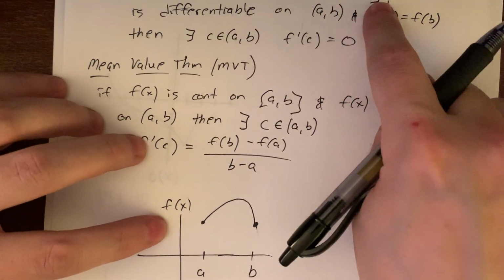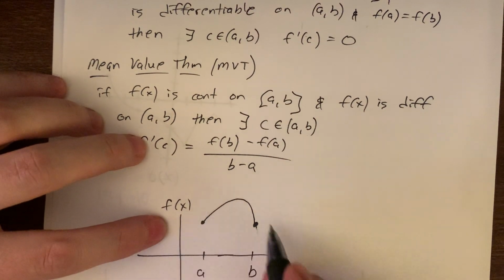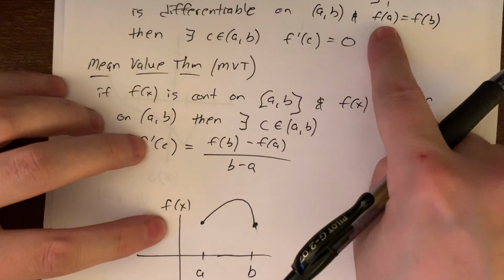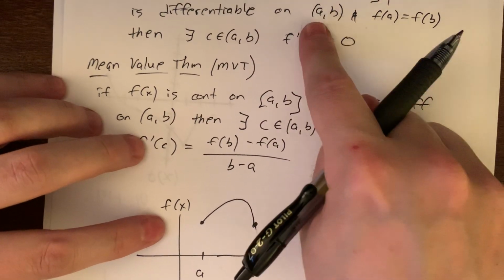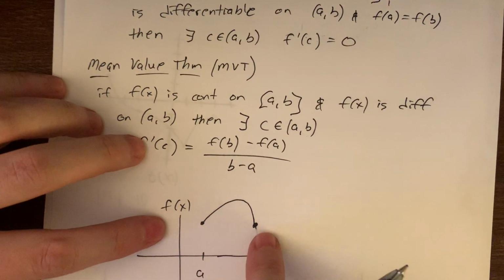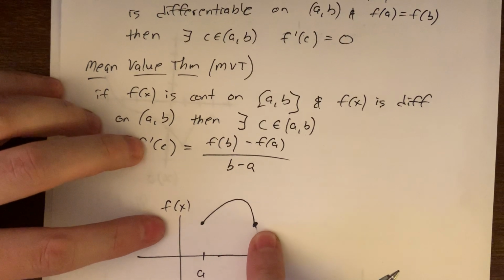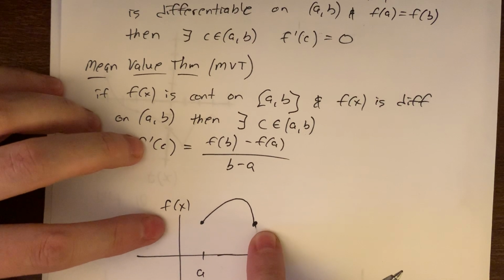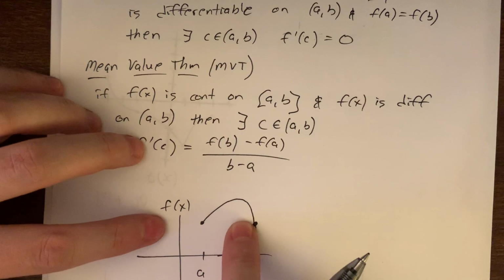There's a little bit about why this is a closed interval, just to make sure that everything up to and including this point, no breaks, no holes, and that these are filled in values. The second part about being differentiable. Now this has the open interval, so everything in between this has to be differentiable. That means the derivative has to exist there. There has to be a tangent line we can draw so that we can measure its slope, and that basically means we can't have any discontinuities, which we've already seen we are covered, and we can't have any sharp points.